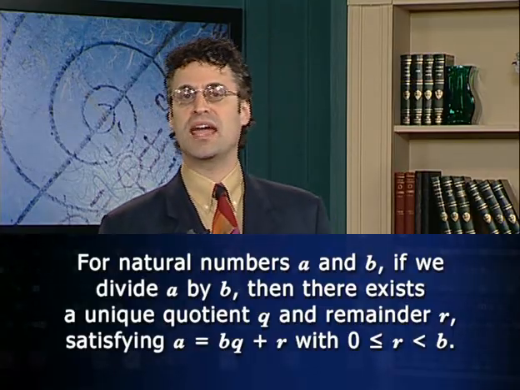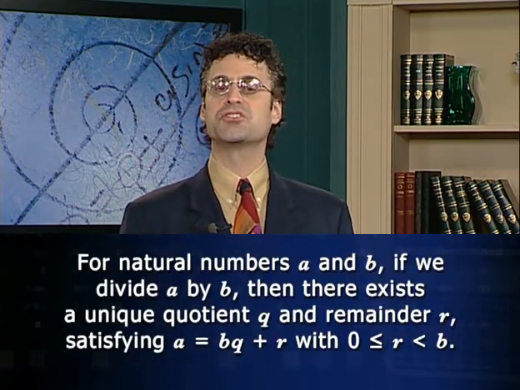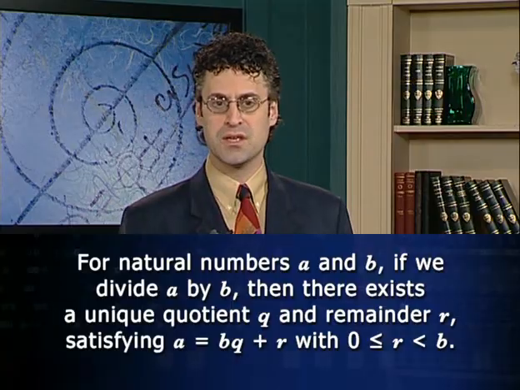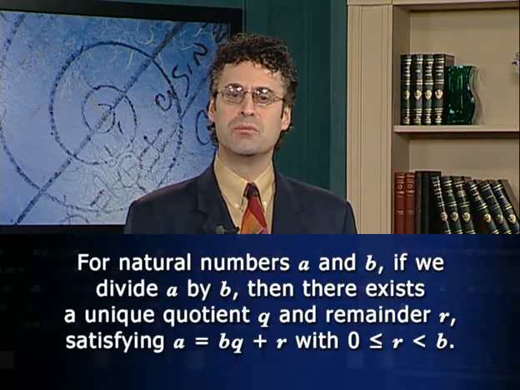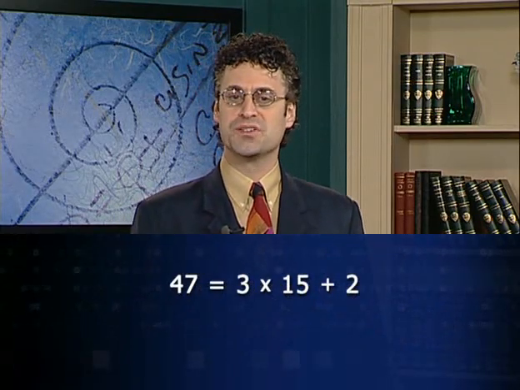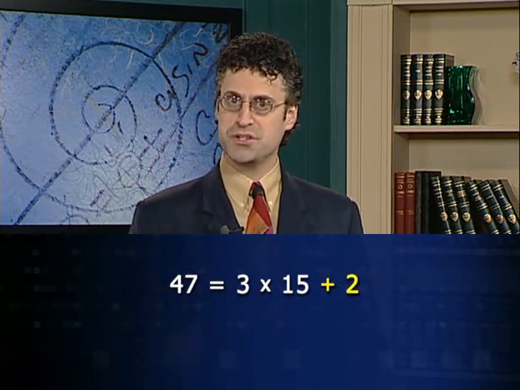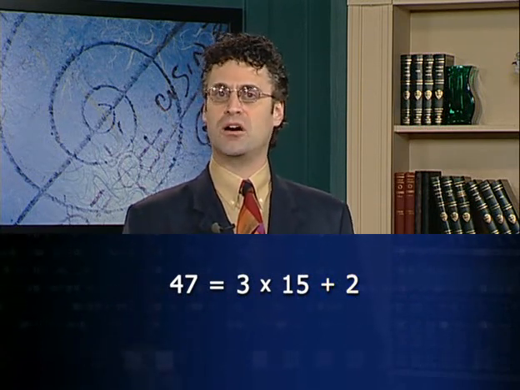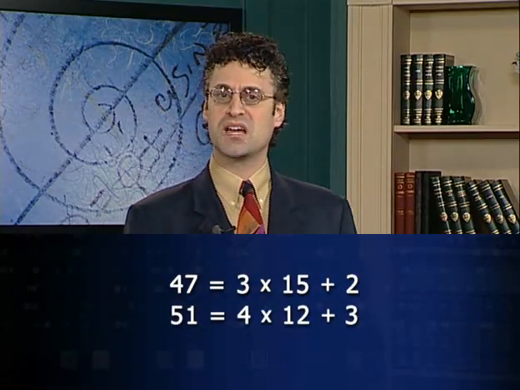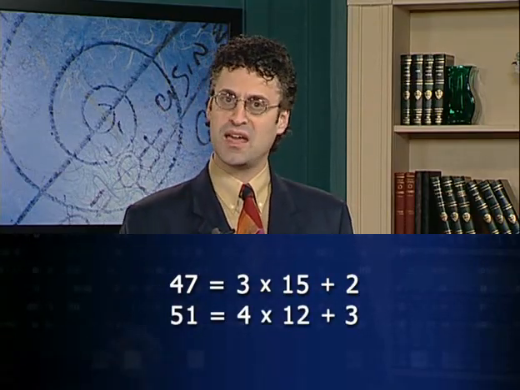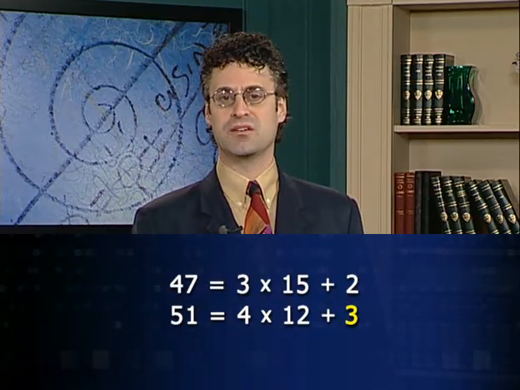And the r can actually equal 0, but it has to be strictly smaller than b. So in our previous examples, we would write 47 equals 3 times 15 plus 2. Notice that plus 2, that's the remainder part. And as we saw already, 51 equals 4 times 12 plus 3. Again, that small number 3 represents the remainder.